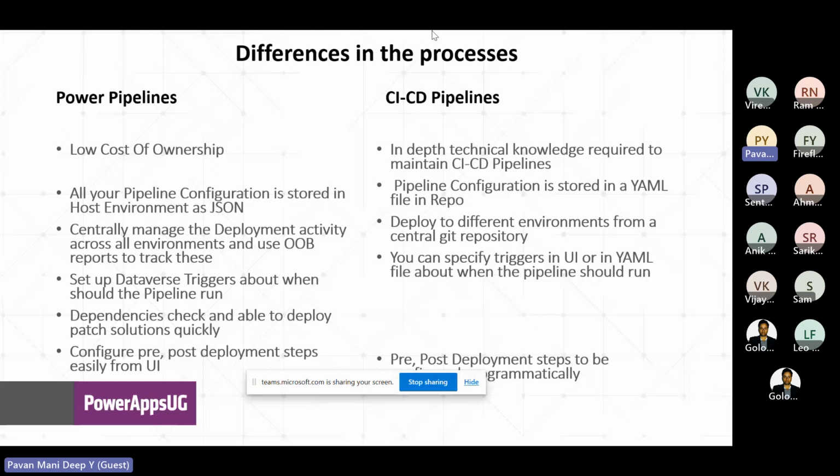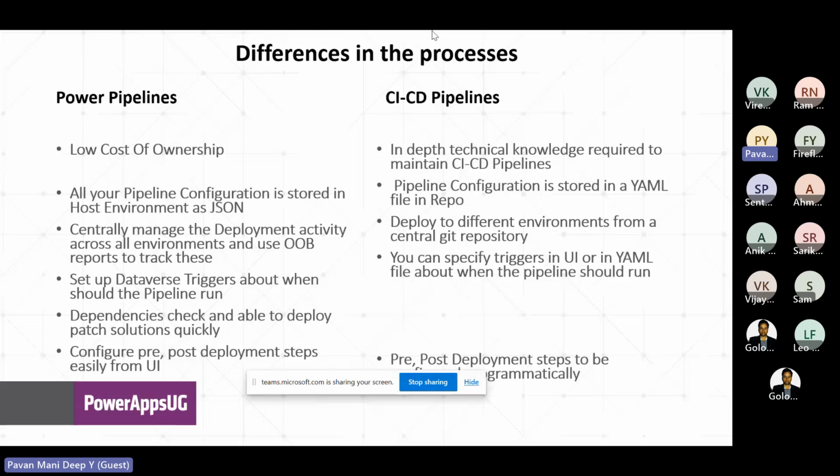All you need is to maintain a host environment where you can store everything, you can configure everything easily, and then you can manage all these activities from your host environment, where we can see out-of-box dashboards showing all the deployments which have been done.